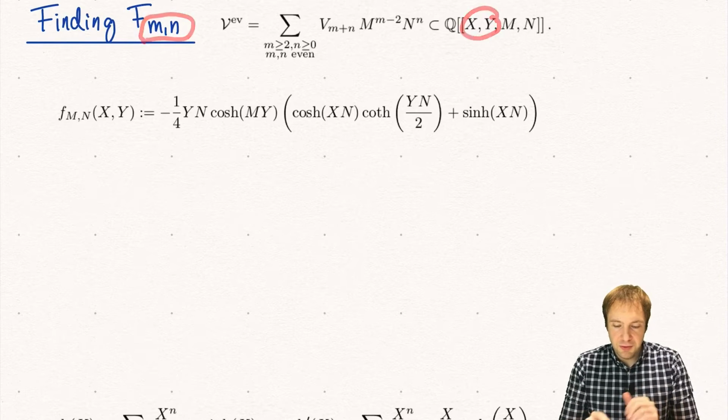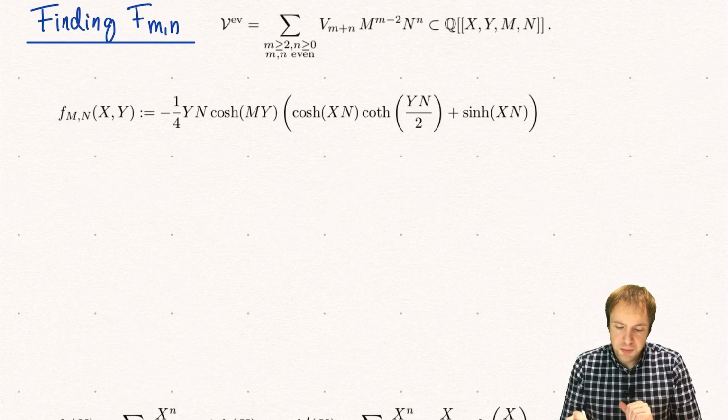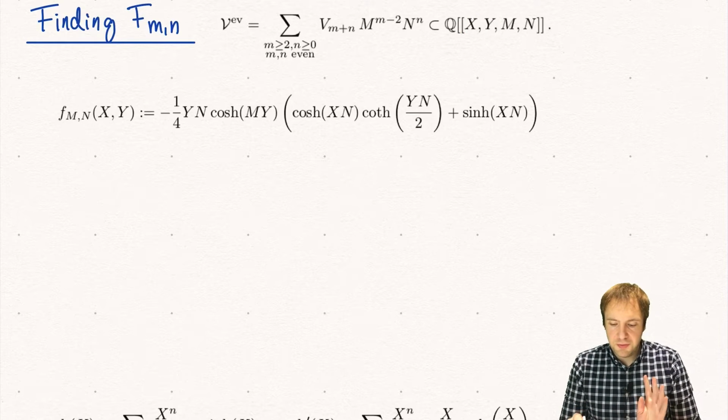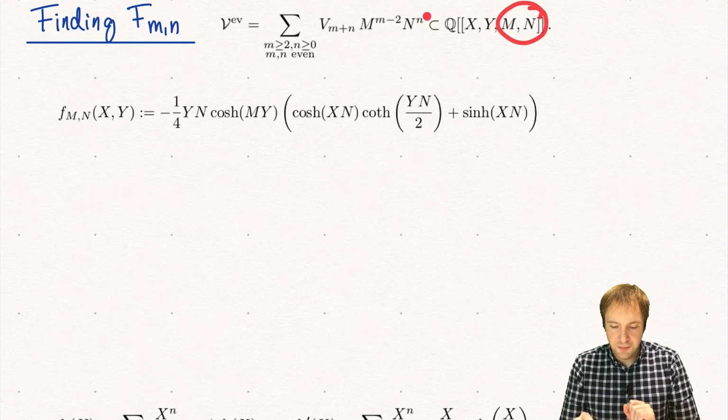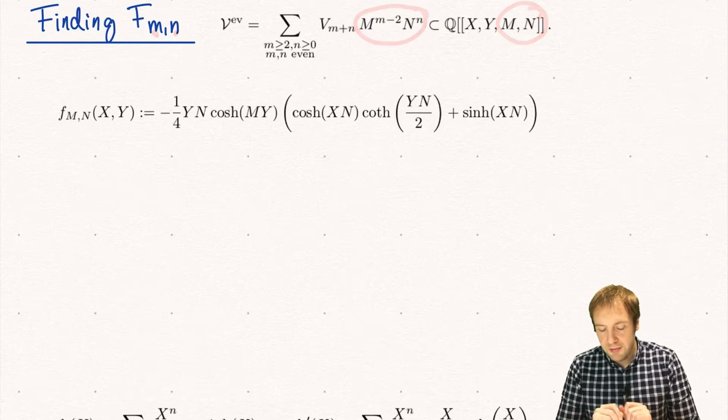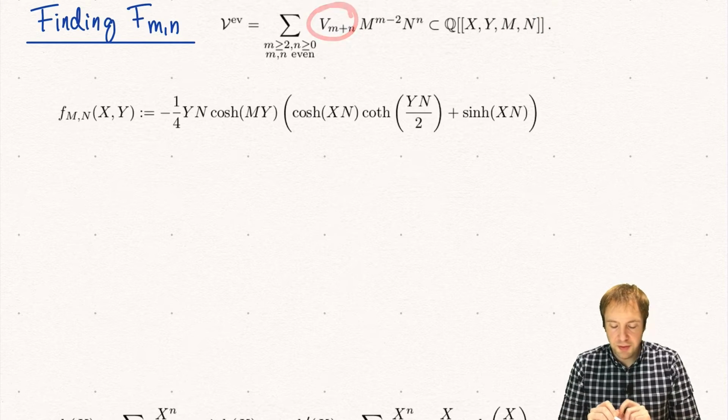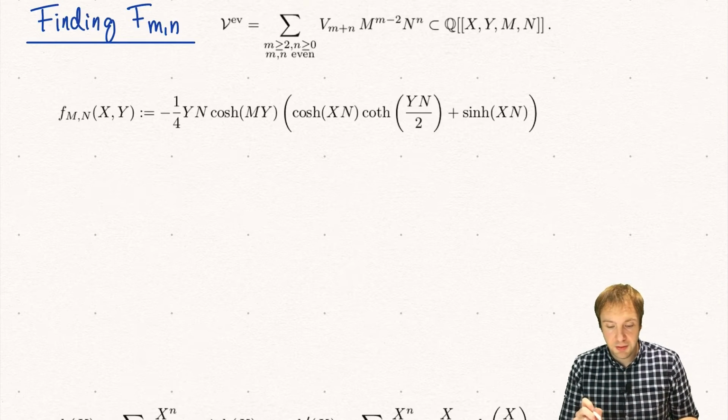So if we consider all of them at the same time, we will deal with a generating series in 4 variables. So these m and n are now the variables, and the coefficients are given by polynomials of homogeneous degree m plus n minus 2.